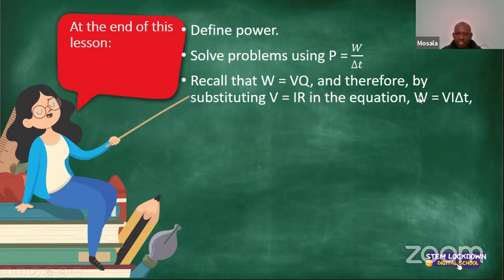So W equals VIt, meaning that this is what we are going to end up having.